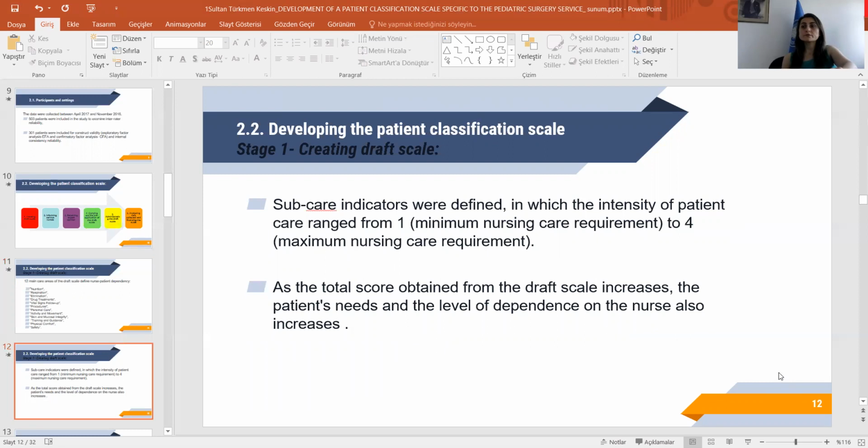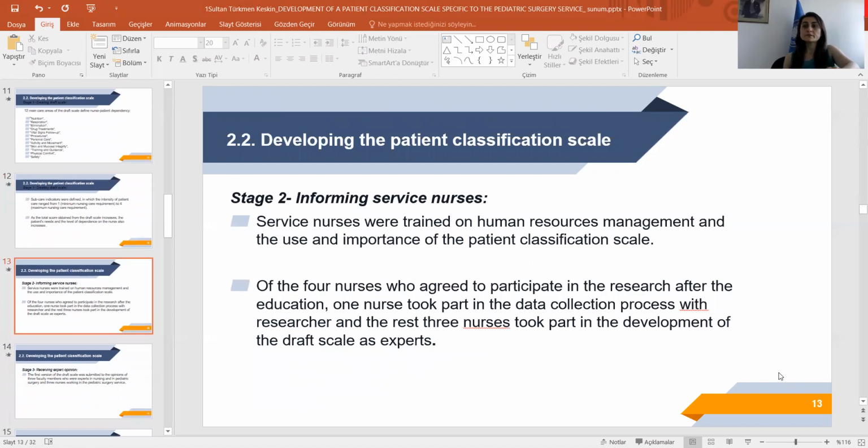Subcare indicators were defined in which the intensity of patient care ranges from 1 to 4. As the total score obtained from the draft scale increases, the patient's needs and the level of the patient's dependence on the nurse also increase.